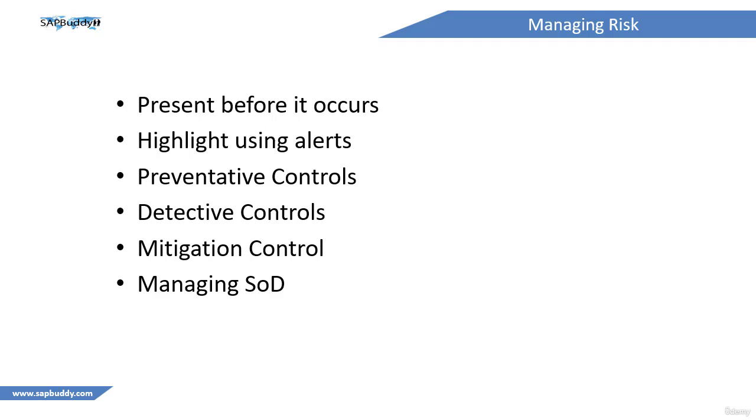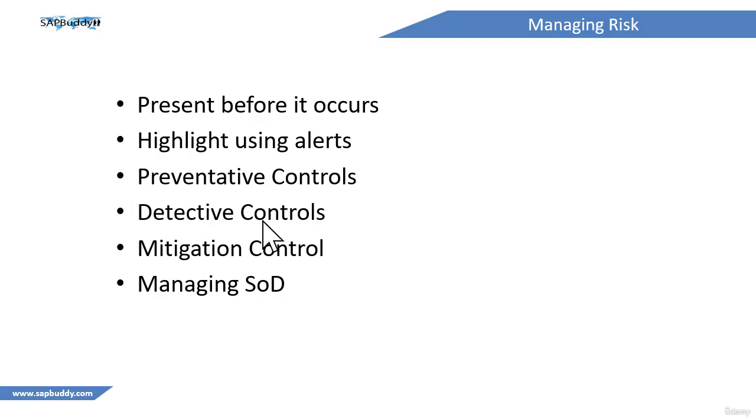The main objective of the controls is to smoothen your business, and they should highlight using alerts. Let's say you have a preventative control that we monitor every day, but if something goes wrong, the control should alert you or highlight that something went wrong, so that you have an alternative mechanism. So preventative controls basically help you prevent before it occurs.